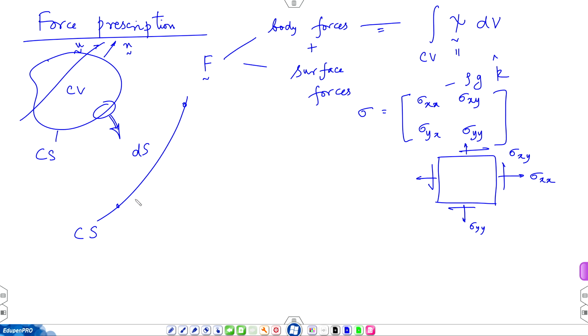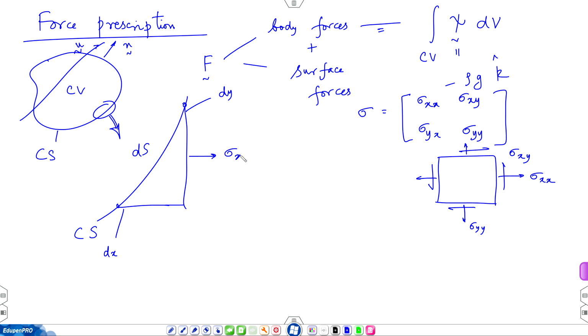Okay, so, let us think of this element. So, this vertical stretch would be dy and the horizontal stretch is dx.